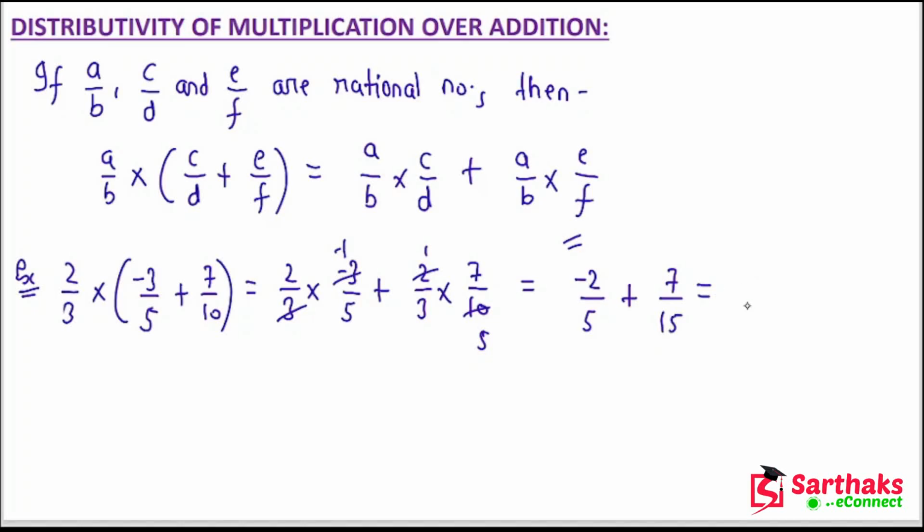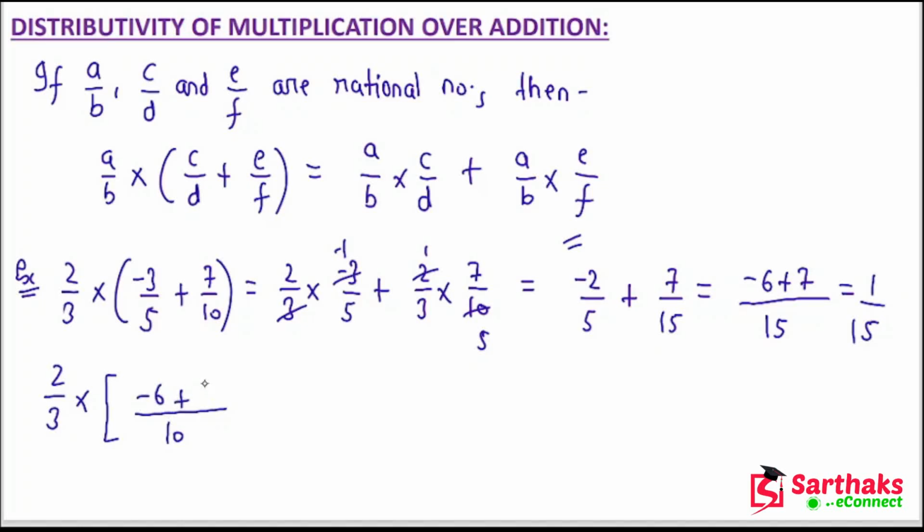Now if we take the LCM, we will get 5 into 3 equals 15. So minus 2 into 3 is equal to minus 6, plus 7 is equal to 1 upon 15 as the product. Now let us find out the conventional way. That is, firstly let us add the numbers within the bracket and then multiply with the final sum. So again, taking the LCM, you will get 5 into 2 equals 10. So minus 3 into 2 equals minus 6, plus 7, right?